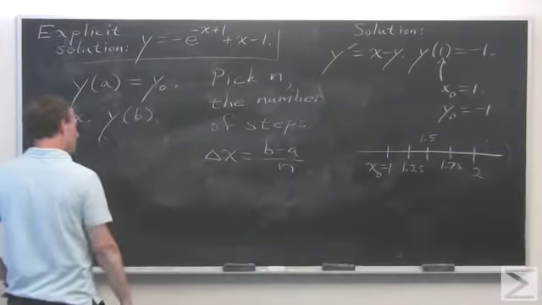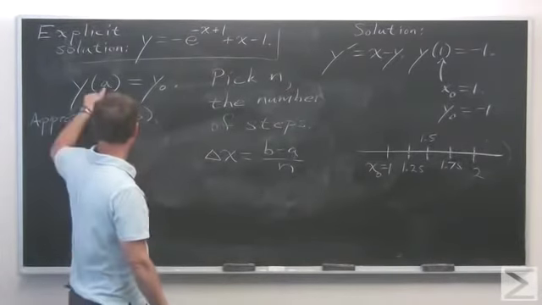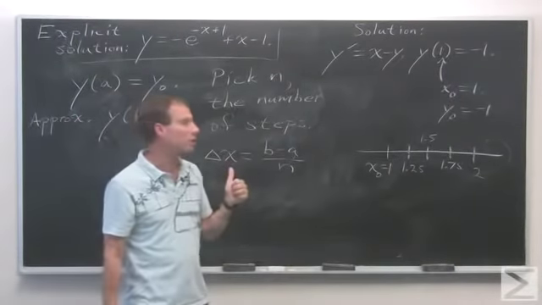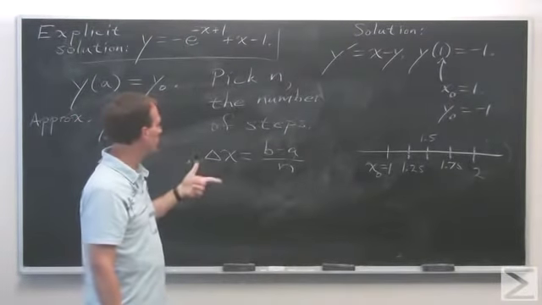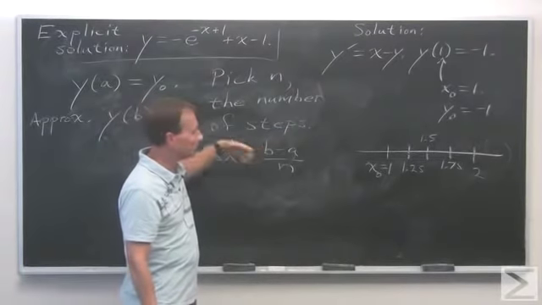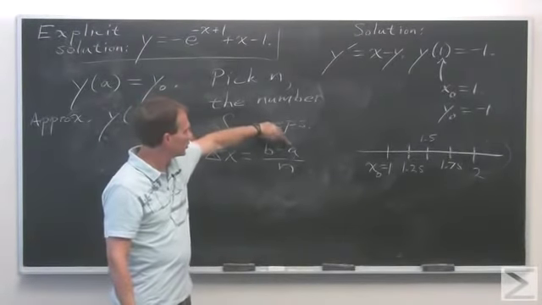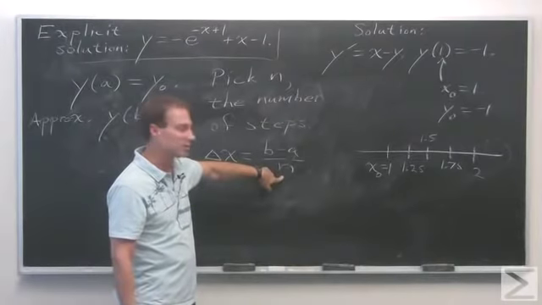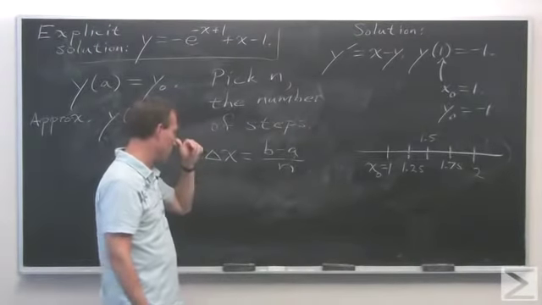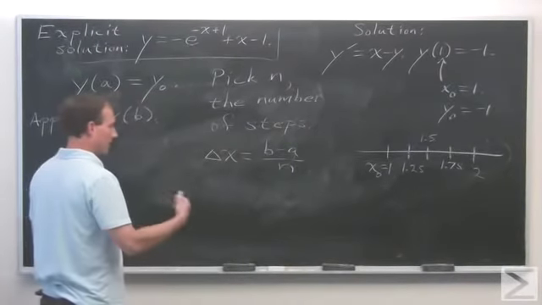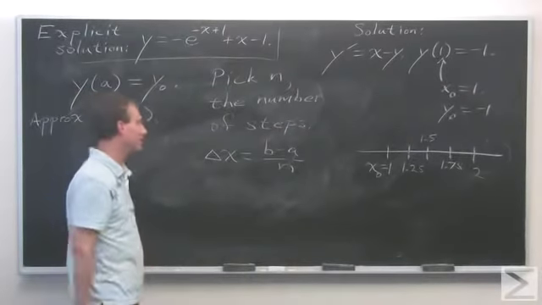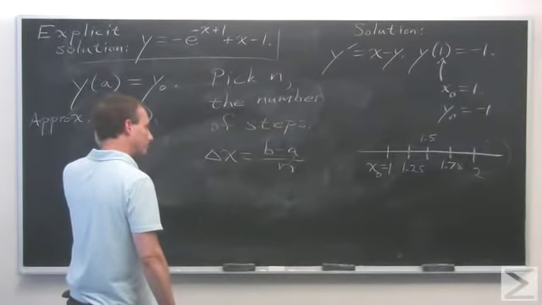So you pick a number of steps that you're going to take to go from the x value where you start to the x value where you end up. So for us, in our example, this was 2, this was 1, and we did one step so that delta x was 1. But now, at least by hand, I want to start doing the case when n is 4.